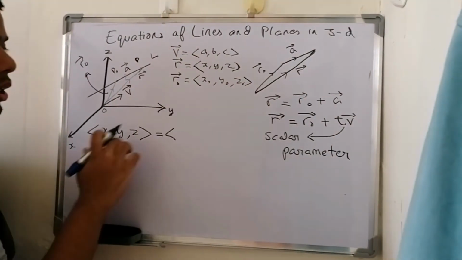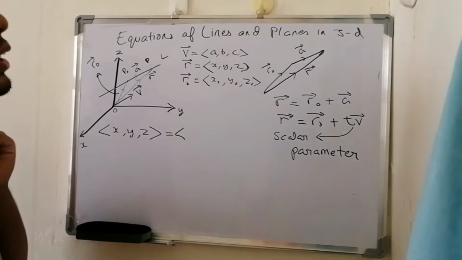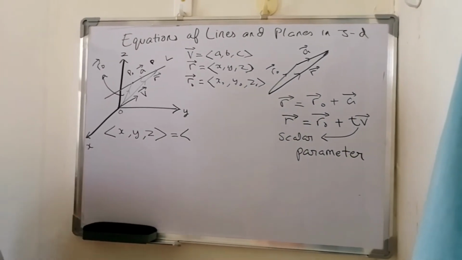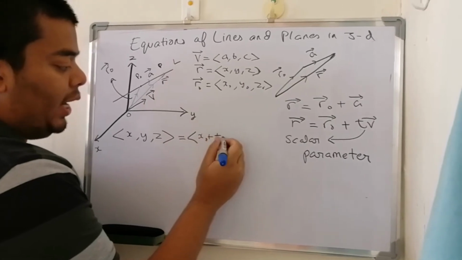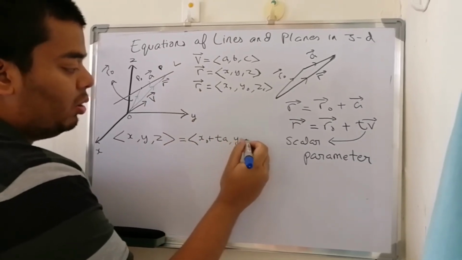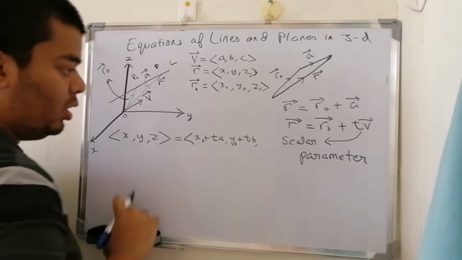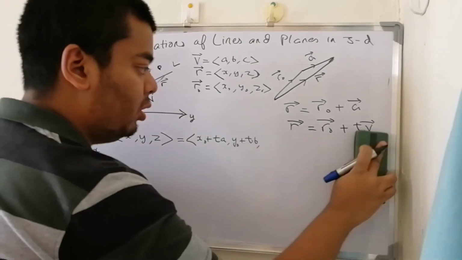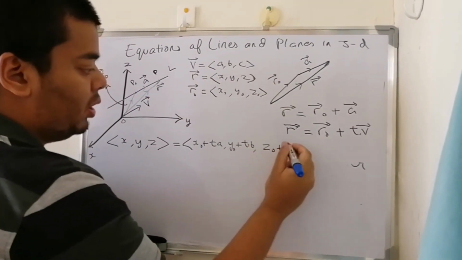So if you plug all this information into this equation, you will have X naught plus TA, then Y naught plus TB, and then Z naught plus TC.